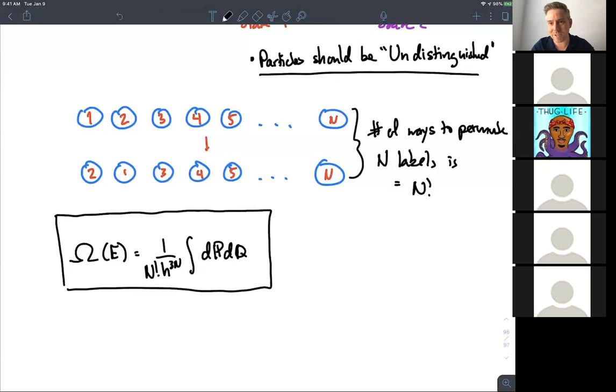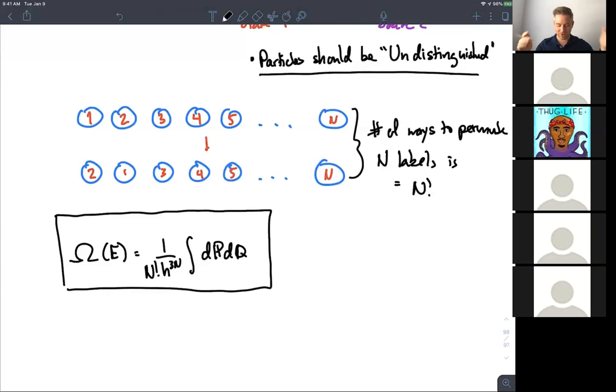So there should not be any change in the entropy. And yet if you calculate the entropy without this 1 over n factorial, you get that the entropy goes up by a huge amount, in particular, a factor of n factorial. So ultimately the reason for this n factorial is to solve Gibbs paradox, which indicates that the states of a classical mechanical system should be undistinguished. Okay, very good.